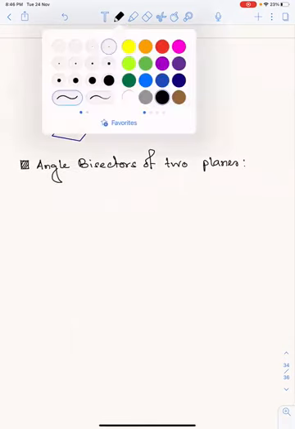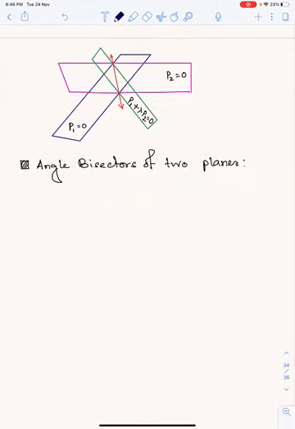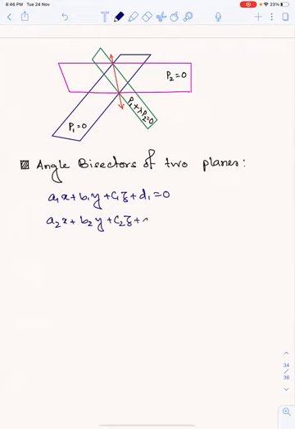Suppose two planes are given by A1x plus B1y plus C1z plus D1 equals 0 and A2x plus B2y plus C2z plus D2 equals 0.